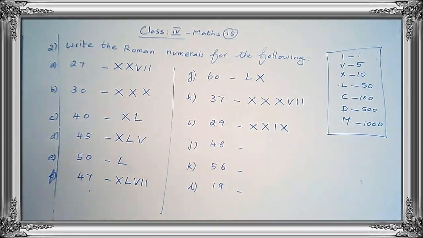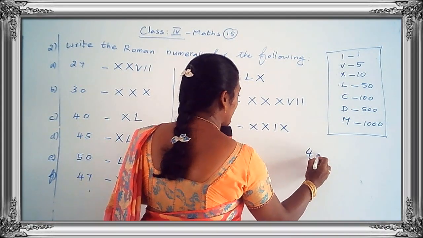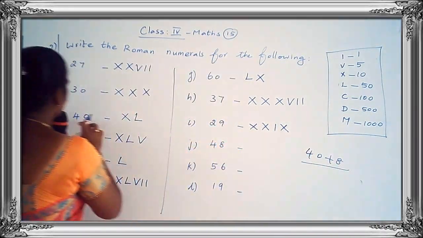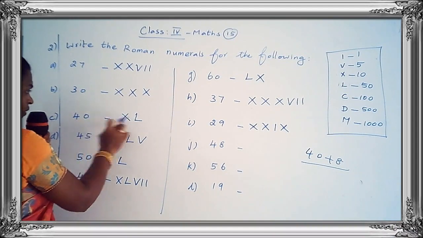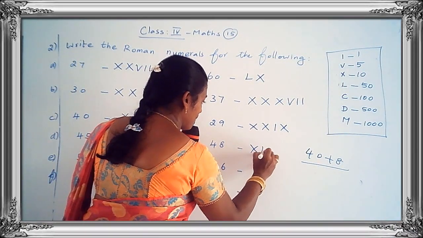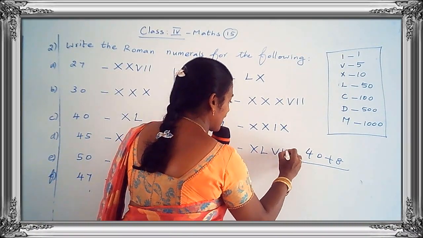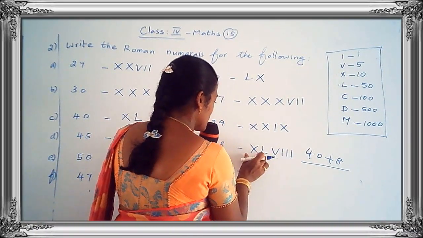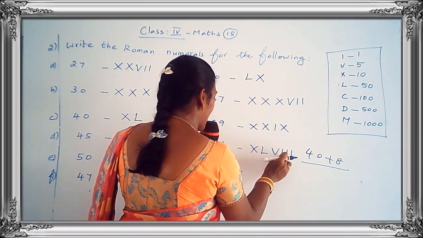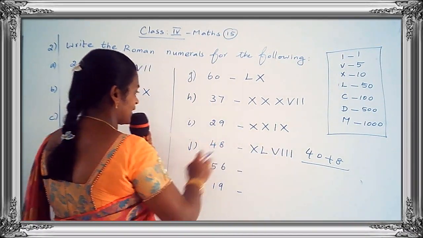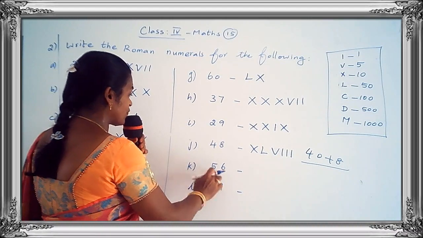Now next one, 48. 48 can be written as 40 plus 8. Here 40 is XL. Now we need 8, so VIII. So XLVIII means 48.